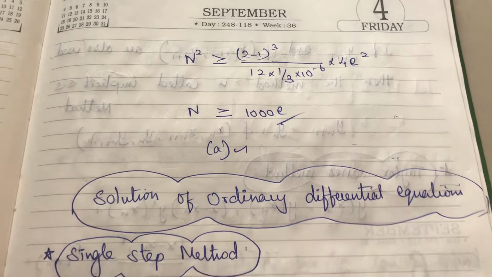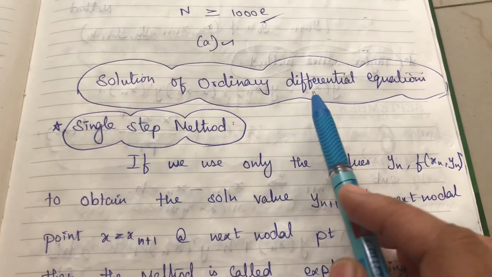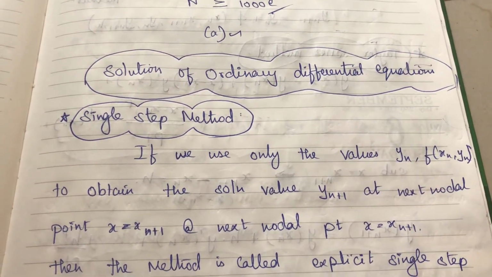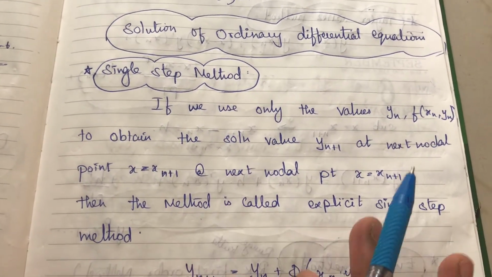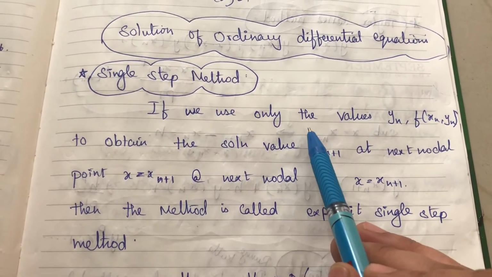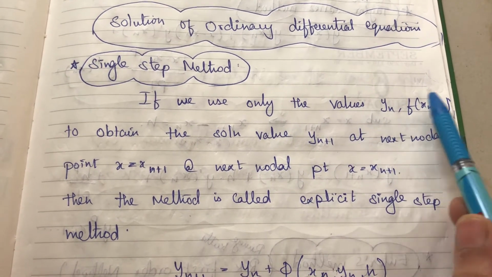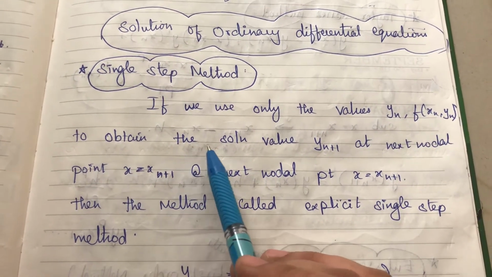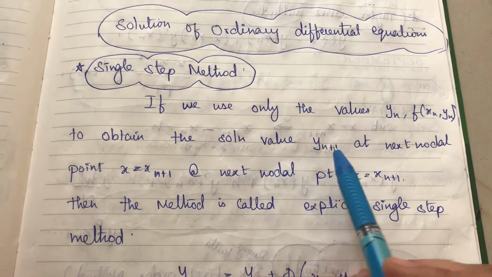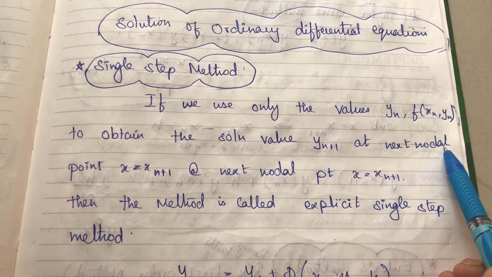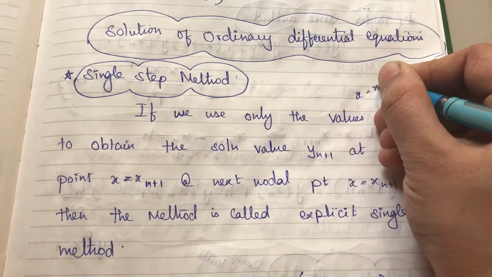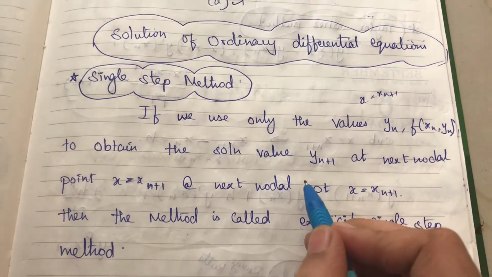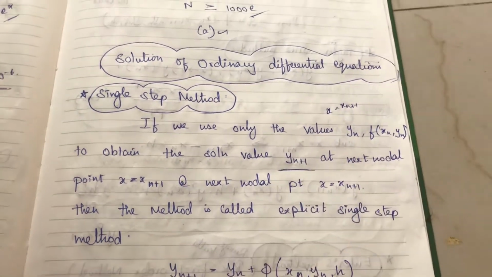Okay, and the next one, the solution of ordinary differential equations. The first one is the single step method, just a single step. If we use only the values yn and this function to obtain the solution value of yn plus 1 at the next node point, we replace x with xn plus 1 for finding yn plus 1.